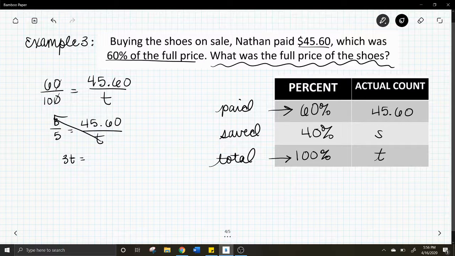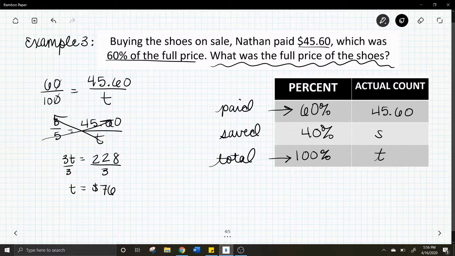All right, so then we have 5 times 45.60, and that's going to be $228. Okay, next we have to figure out what that price would be originally. So we'll divide by our known factor, which is 3, and we find that the original total price was $76.